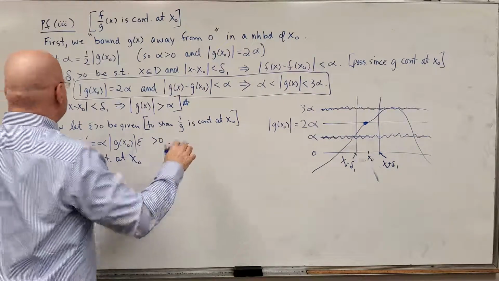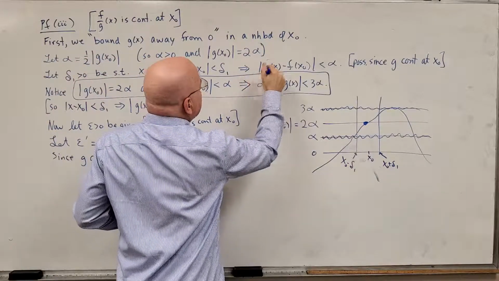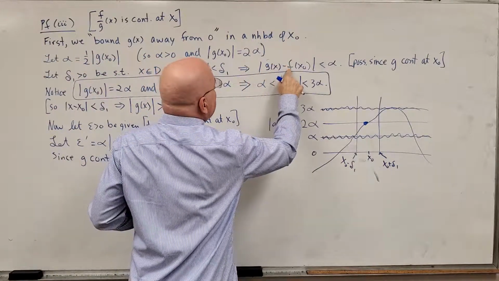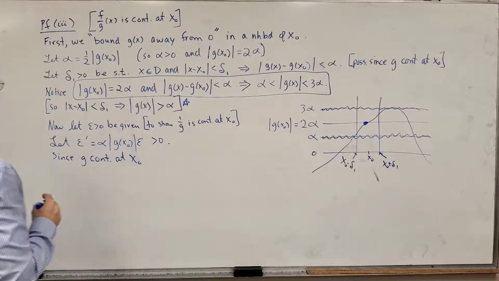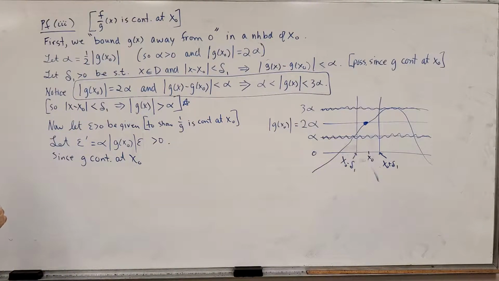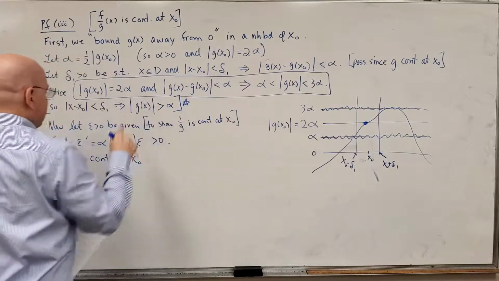Yep, I've got a mistake. This less than alpha up here should be g. We're concentrating only on g right now. See if I've erroneously used f anywhere else on this so far. That looks like it. So this line is going to look almost identical to that line right there.